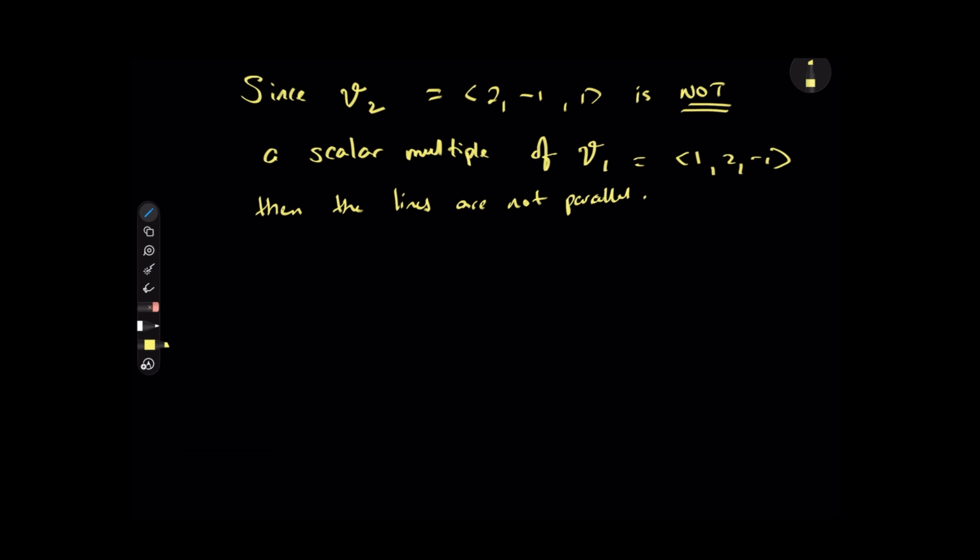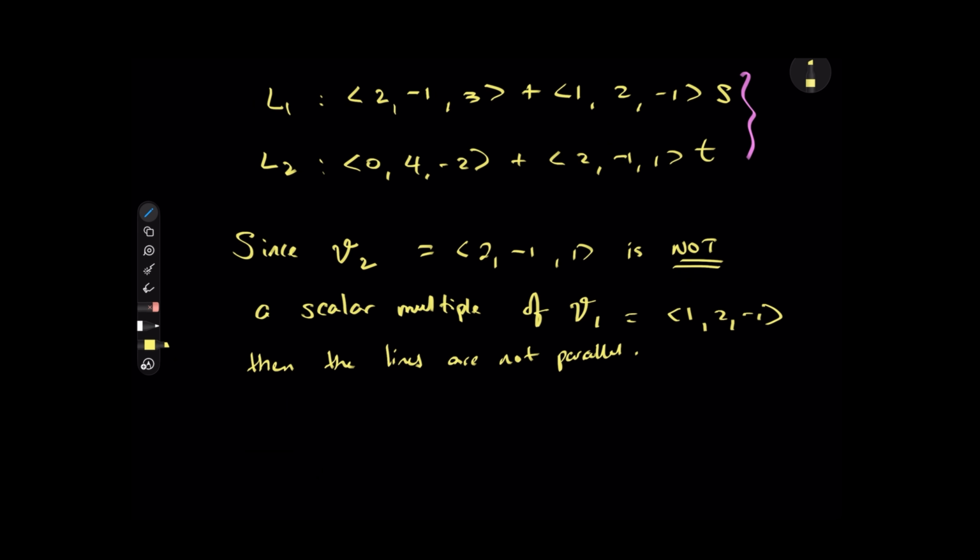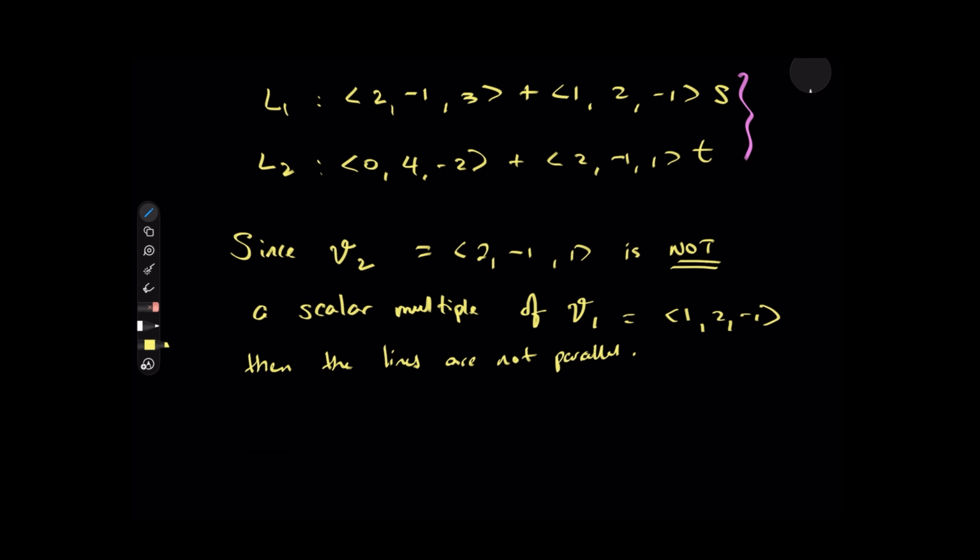So from the first line L1, I'm going to multiply throughout like this. I'm going to start from L1. I'm going to say 2, which is here, plus 1 by s is equal to 0 plus 2 by t. And I'm going to do that for all the elements of L1 and L2.